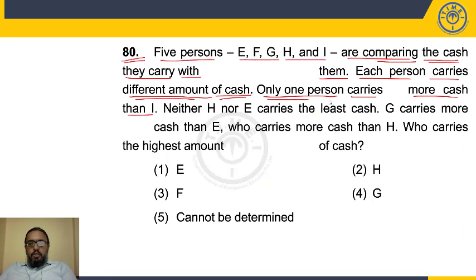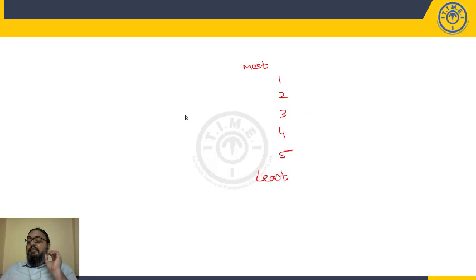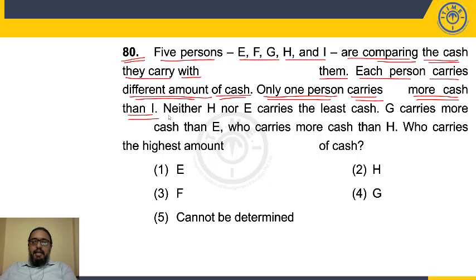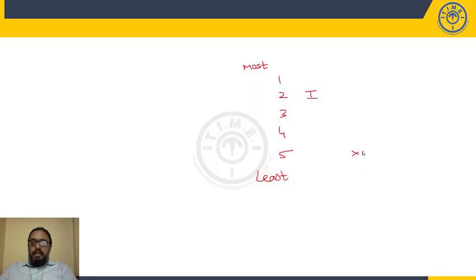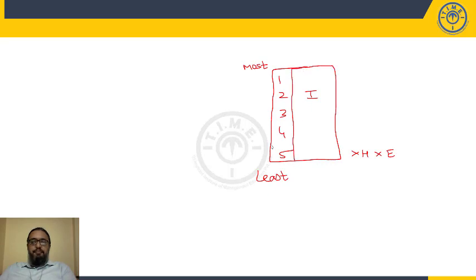Now he says only one person carries more cash than I. So obviously I comes in the second position such that only one person is above I. Then neither H nor E carries the least cash. So neither H nor E should be in the 5th position, because the 5th position is the person who carries the least cash.